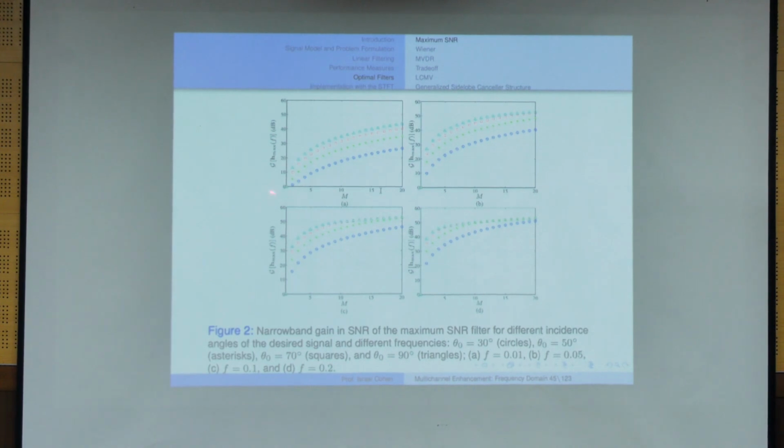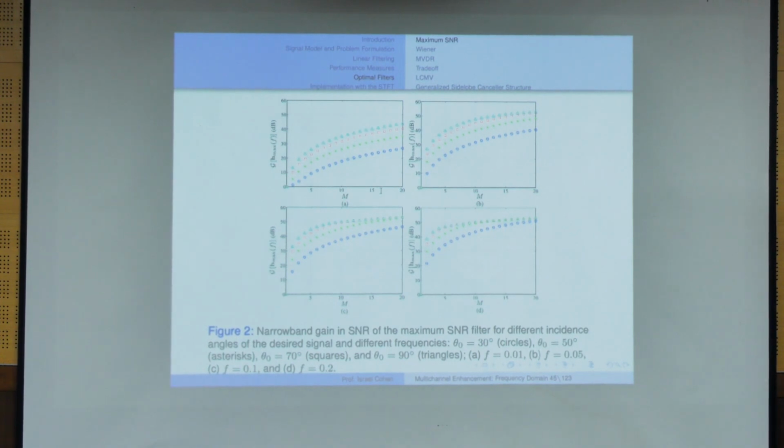So you see that if the direction theta 0 is fixed, we don't change it, when we increase the number of sensors, when we increase M, the gain in SNR increases. See? When theta 0 is fixed.